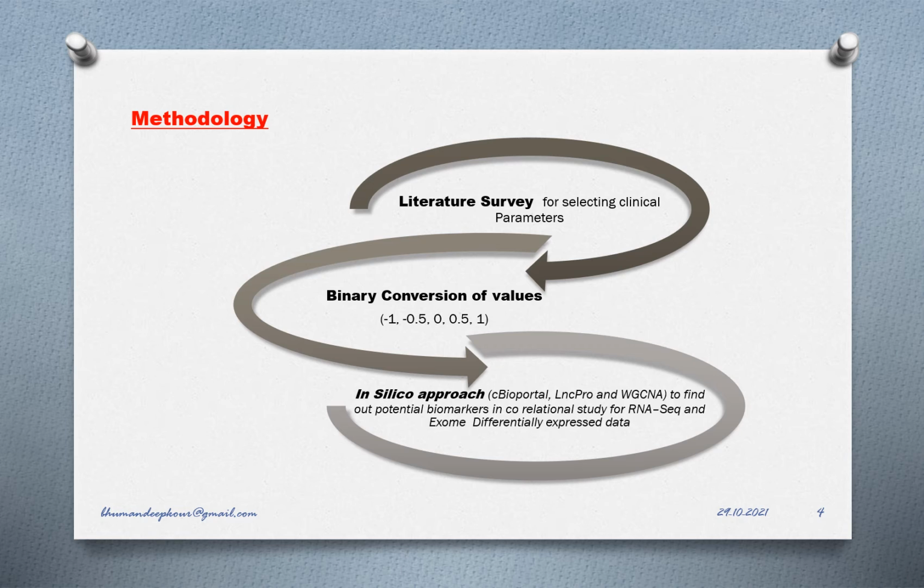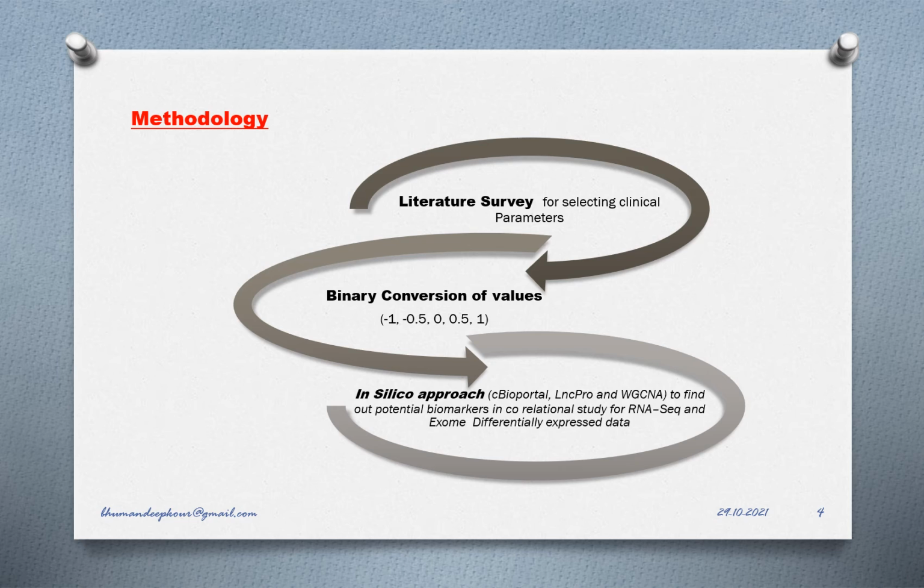We converted all the data into binary values to apply better machine learning algorithms on it. And then at last we compare all this. The binary conversion will be from lower risk to higher risk. We have taken -1, -0.5, 0, 0.5, and then the last one, which could be considered the highest risk value.